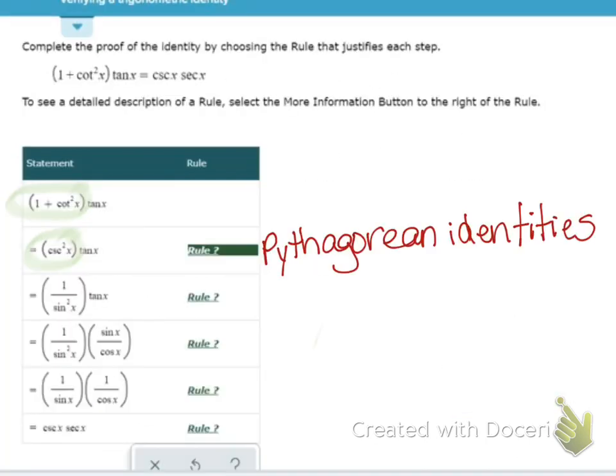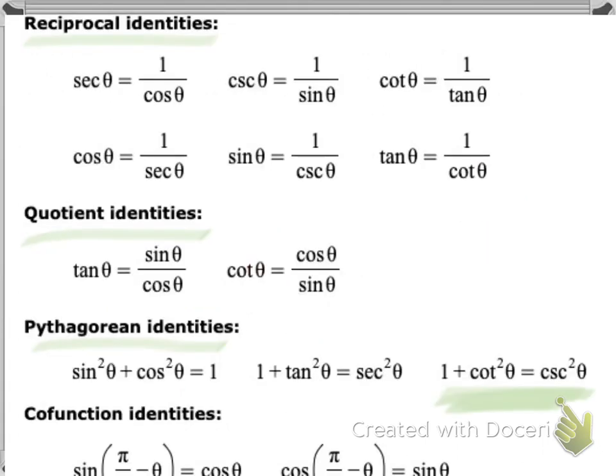Now we have to look at why I go from cosecant squared x to 1 over sine squared x. This is what I'm looking at now. If I look at my rule, I see that cosecant theta is equal to 1 over sine theta.